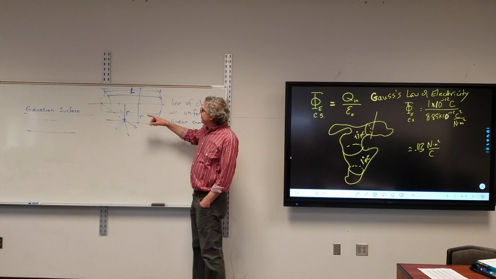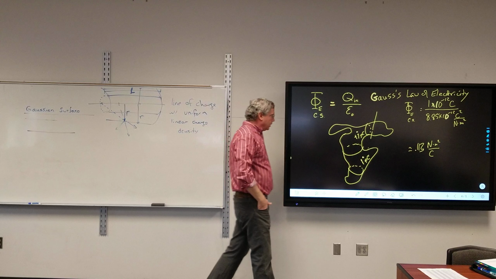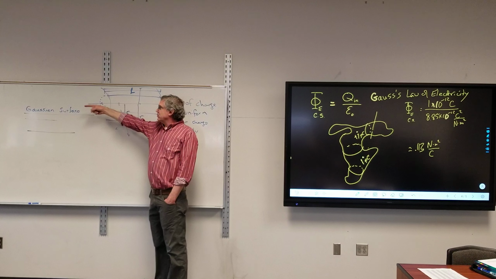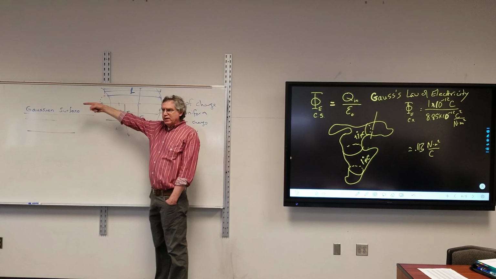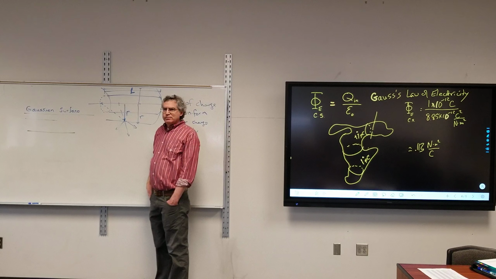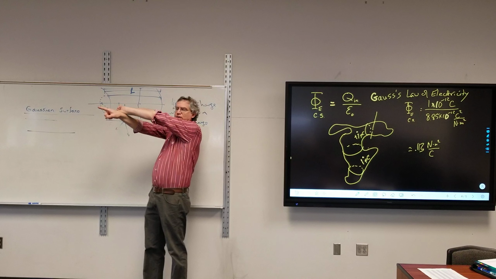So, if I think about the cylinder, I have an area vector pointing off to the left over here, an area vector pointing off to the right over here, and then on the main barrel, I've got it pointing out, perpendicular to the surface. Over here, my area vector is going that way. My electric field is going away from the line. So what is the flux through the end cap? My area vector is going that way, and my electric field is going this way, anywhere around on that circle.